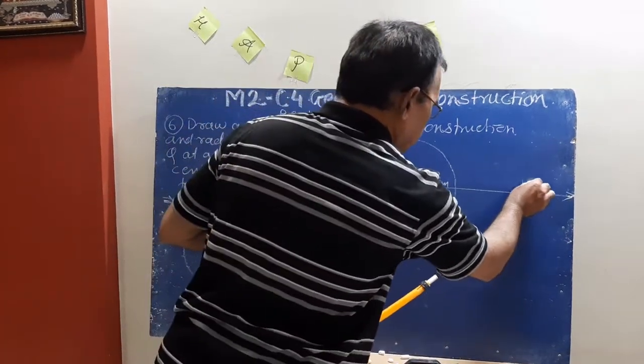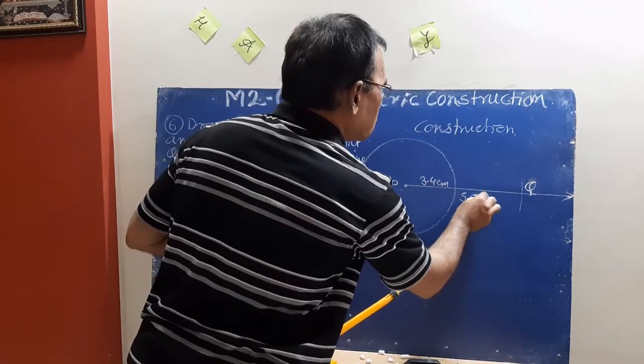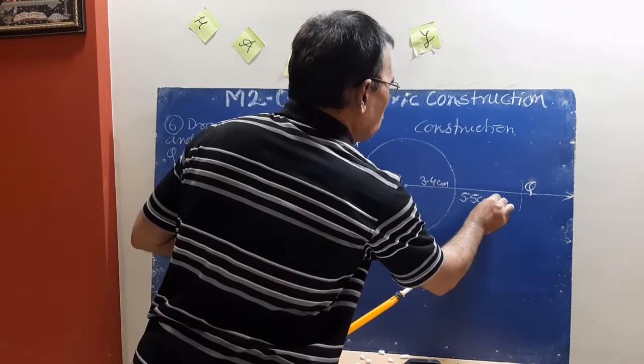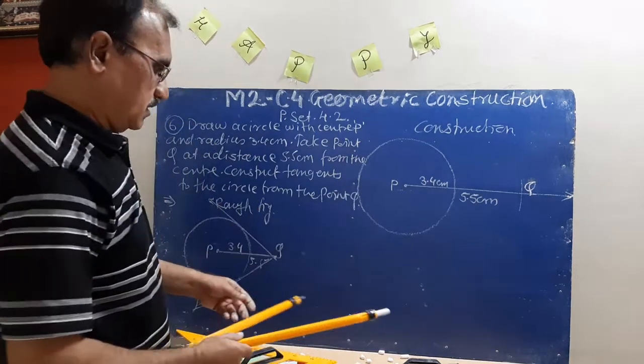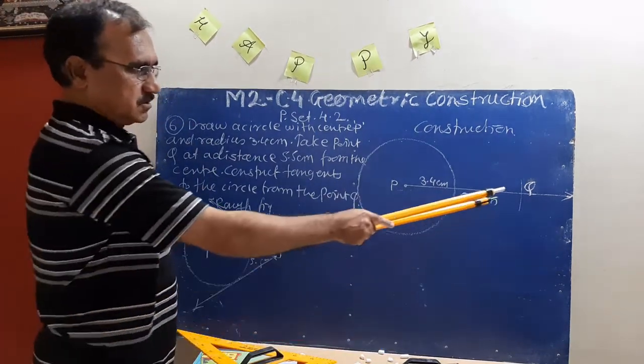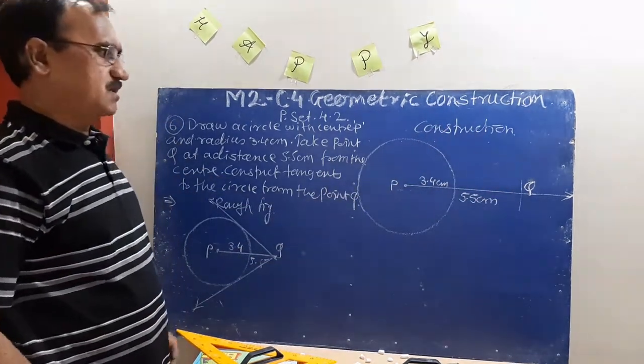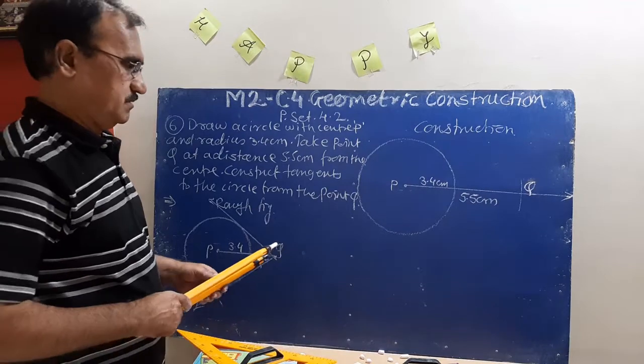Here is point Q. PQ is 5.5 centimeters. Now we have to construct tangents which are passing through point Q. Very easy construction.